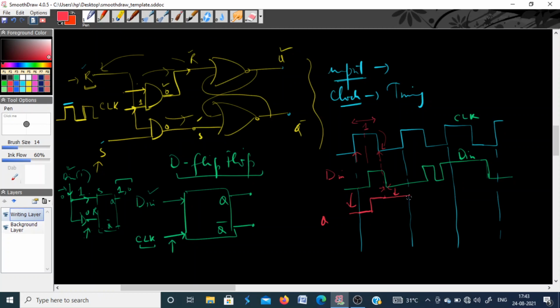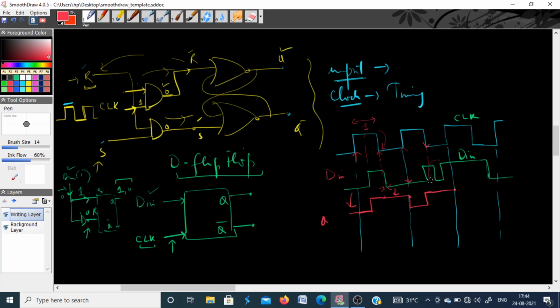Similarly, when the next pulse comes, your input is 0 at this time, so Q will follow D and go from 1 to 0. It will remain 0. Then the input goes from 0 to 1, and your output also goes from 0 to 1 because the clock is again at logic 1, so it will go up to this time. Now your clock pulse again goes from 1 to 0, so the output will remain constant till your next pulse comes.